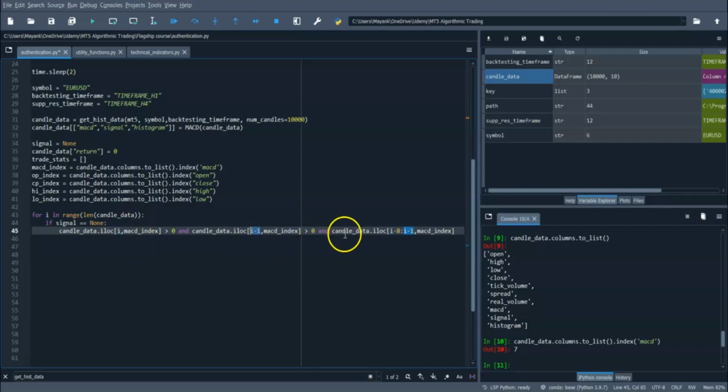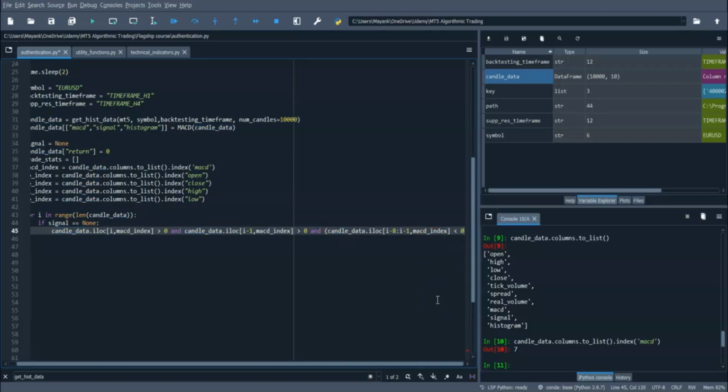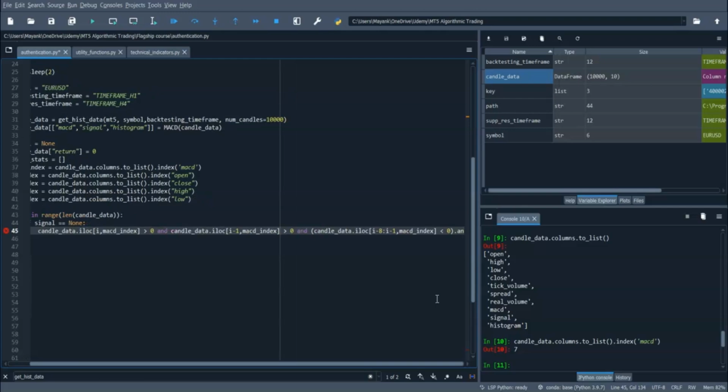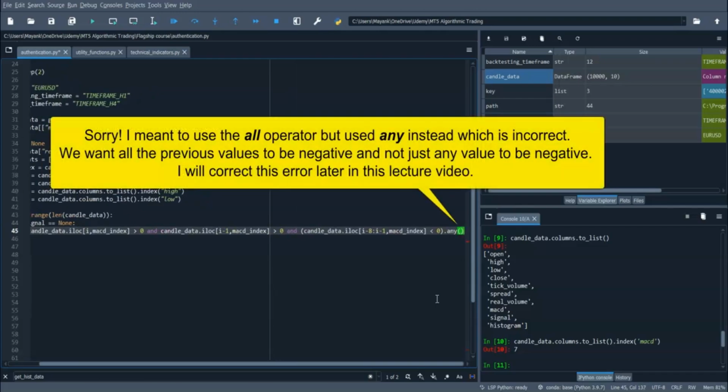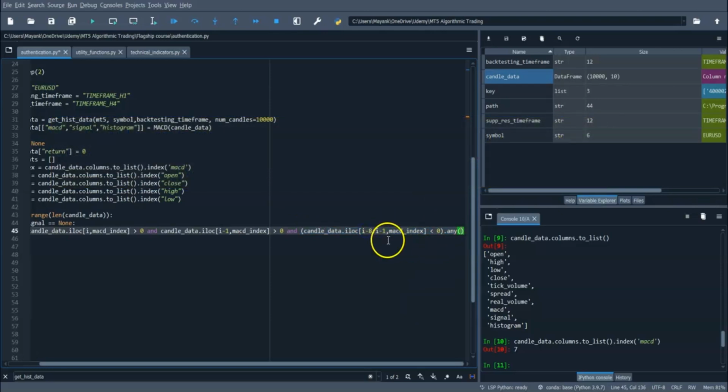And then we check the previous 7 candles to check if any of them were negative. How would we check that? We would check the whole thing, whether it is less than 0, and then use the any operator of pandas, right? So this would be true if any of the values in this range were negative.